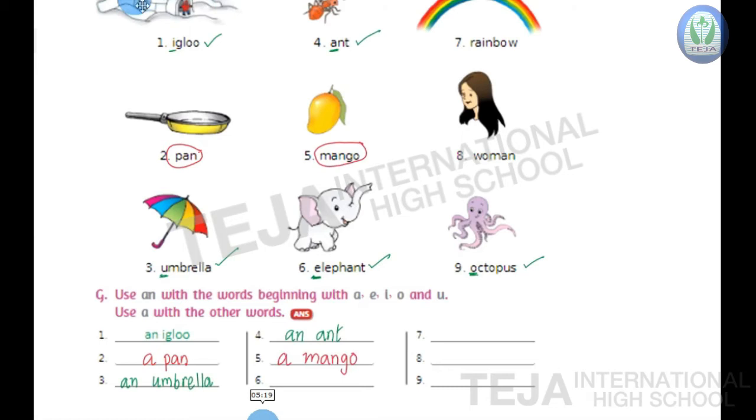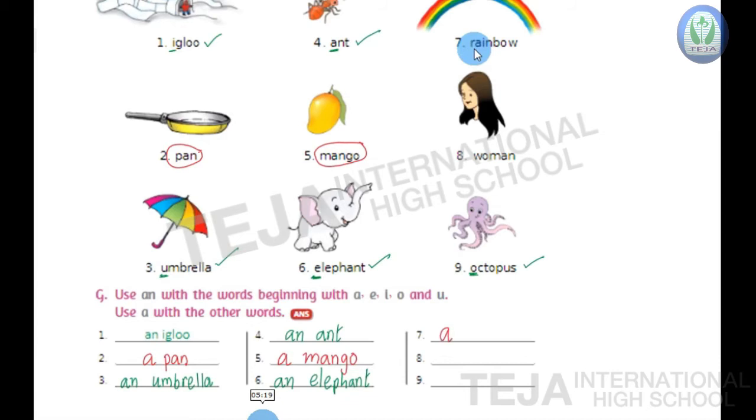Next, sixth one, children, elephant. So here the starting letter is E. E is a vowel. So write an elephant. An elephant in the blank. Next, seventh one, children, the word is rainbow, and the starting letter is R. So it's a consonant letter word.